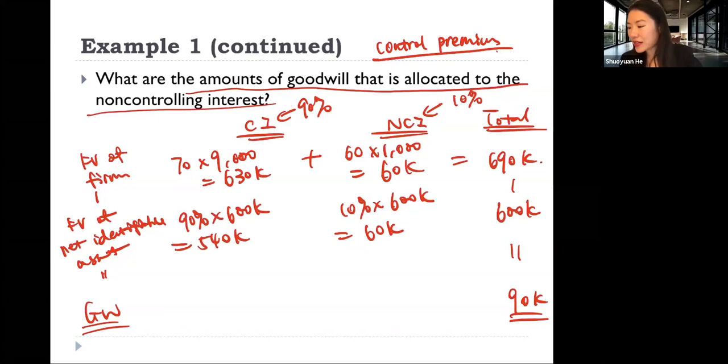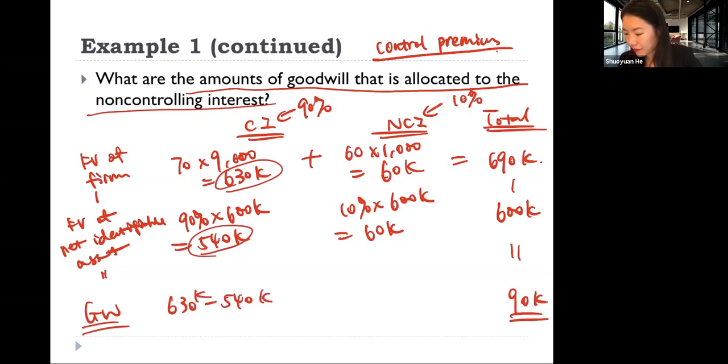How do we calculate the goodwill which belongs to the controlling interest? We take 630,000 minus 540,000. That gives us 90,000. This is the goodwill which belongs to the controlling interest. And the goodwill which belongs to the non-controlling interest, you can either take 90,000 minus 90,000, which gives us 0, or you can take 60,000 minus 60,000, which gives us 0 as well.